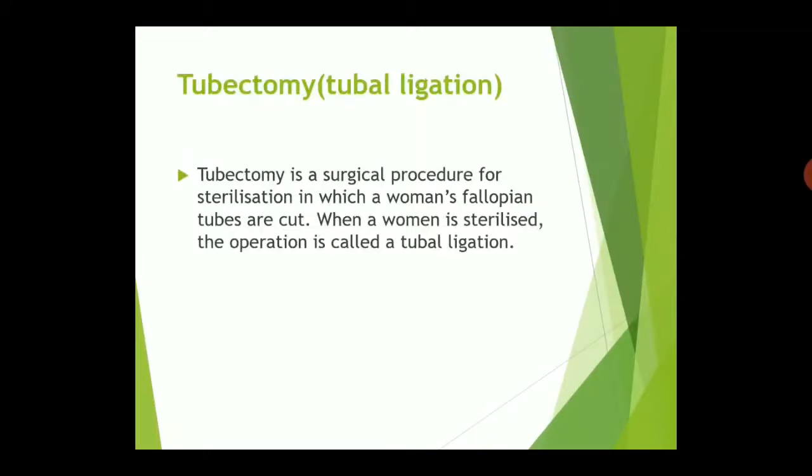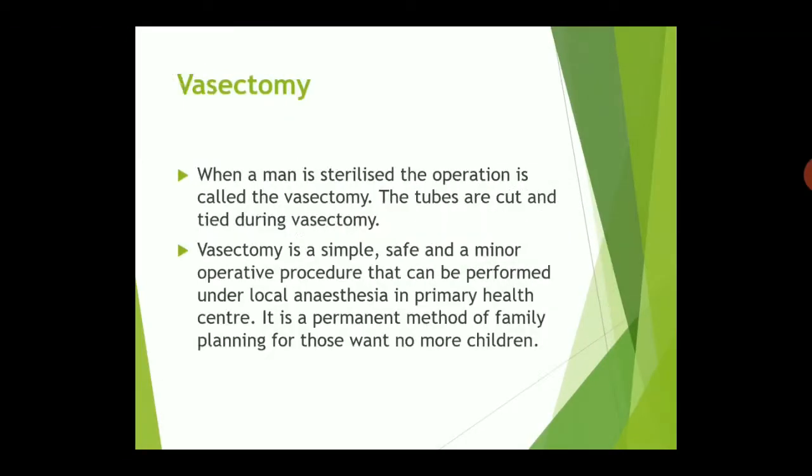Tubal ligation or tubectomy. Tubectomy is a surgical procedure for sterilization in which a woman's fallopian tubes are cut. When a woman is sterilized, the operation is called tubal ligation. Vasectomy. When a man is sterilized, the operation is called vasectomy.